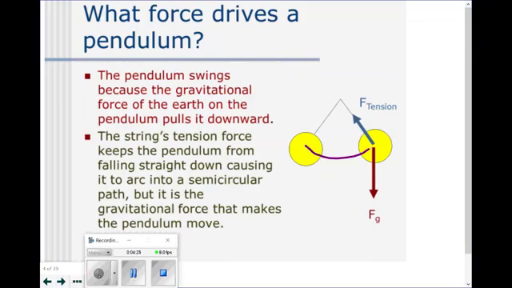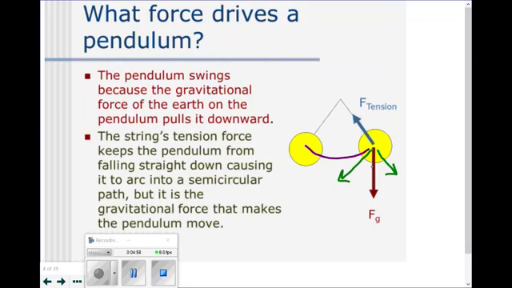Here we have the purple line illustrating the arc of the motion that the pendulum will travel. The force of gravity pulls straight down. This force is not parallel or perpendicular to the motion, but instead at some other angle, meaning that it will be broken into components. One tangent to the motion that will drive the pendulum, and one that will go along the radius, which will be fighting the tension force.